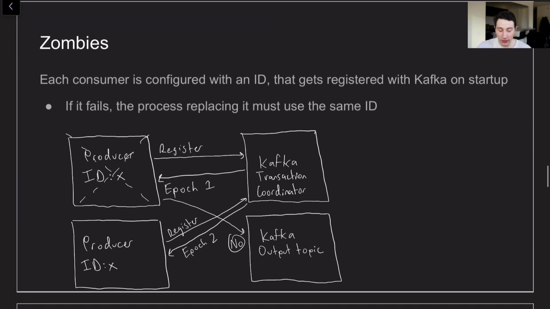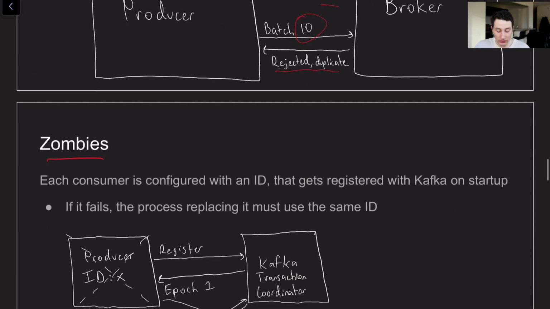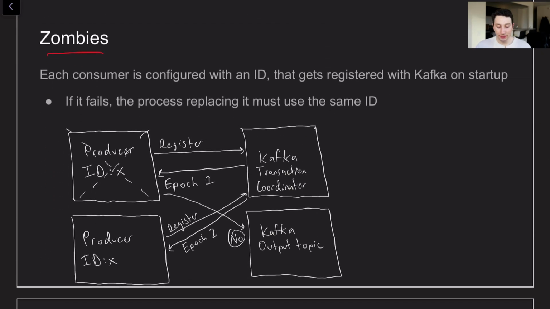So that's fairly trivial. Another thing that we're going to do is preventing zombies, right? This is case number 3 over here, where the consumer goes down and we bring up another consumer. Every one of these consumers is going to be configured with some sort of transaction ID. When a consumer gets configured with a transaction ID, it gets registered with Kafka on startup. In the process of registering that transaction ID, we're also going to give every invocation of the transaction ID an epoch number.